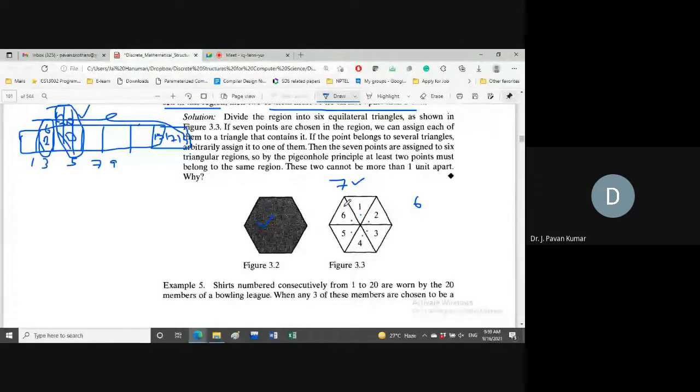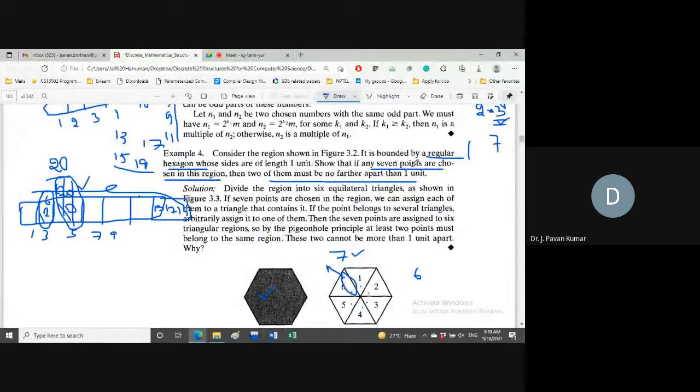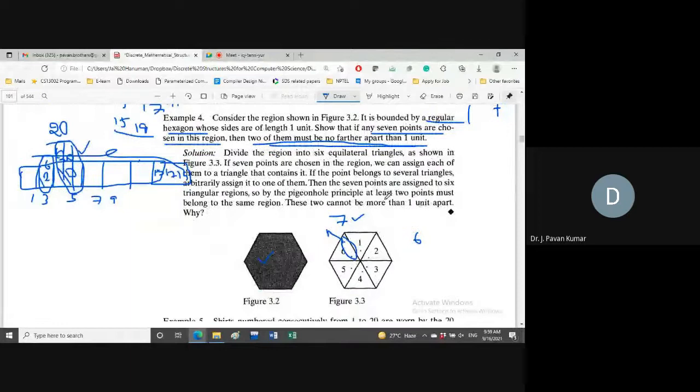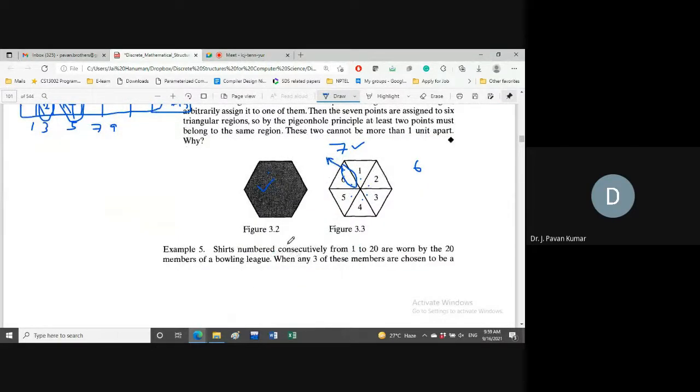That pigeonhole with two pigeons is the evidence for claiming that if any 7 points are chosen in this region, two of them must be within 1 unit distance. Is it clear? We just have to convert this into the pigeonhole principle, apply it, and we get the result. That's it.